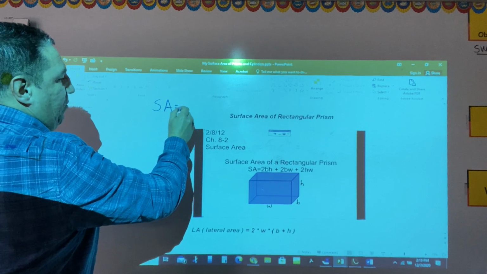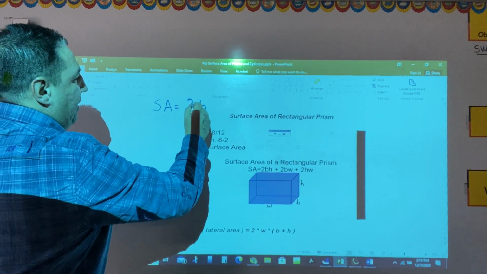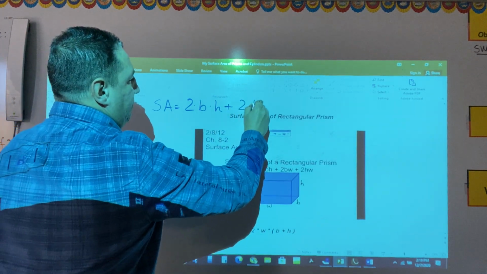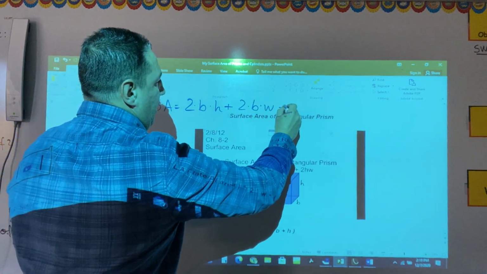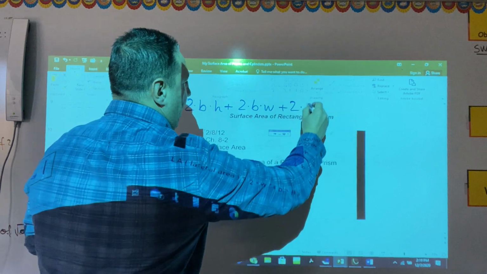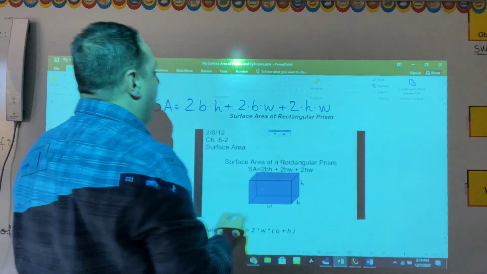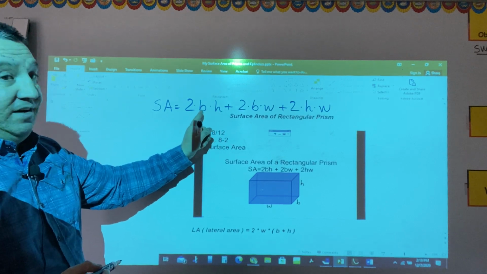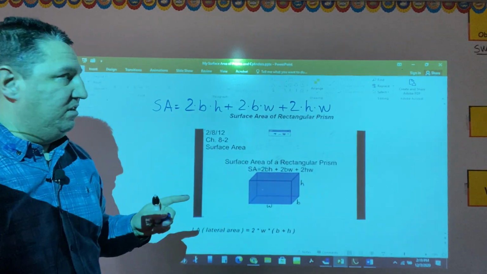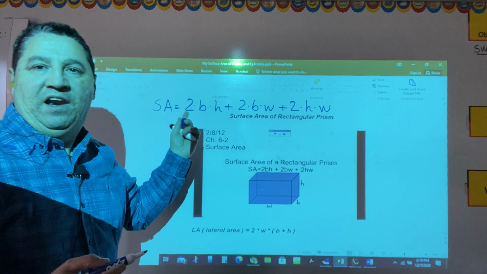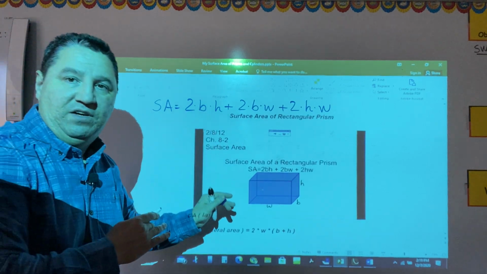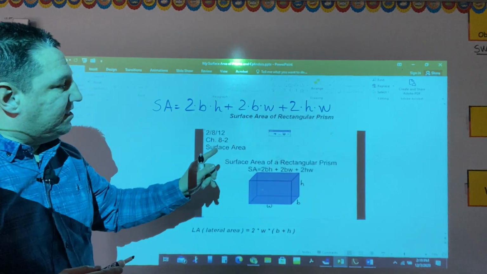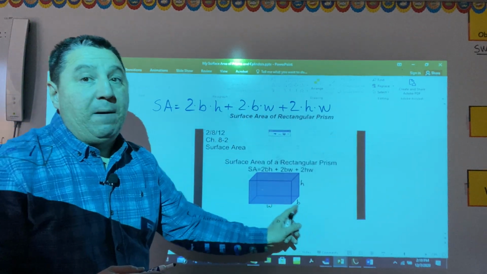Surface area would be 2 times b times h plus 2 times b times w plus 2 times h times w, where b and h are the sides of the base, in other words, the length and the width of the rectangle. W is the distance between bases.